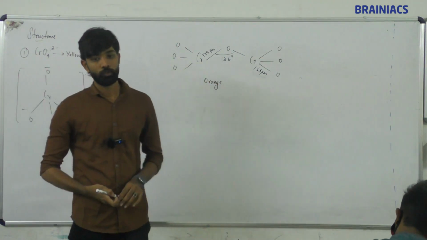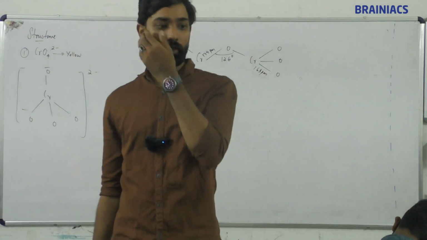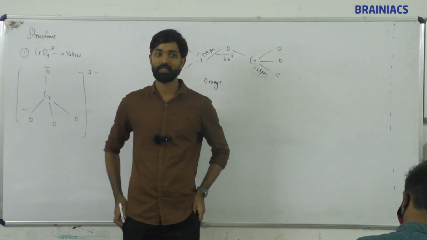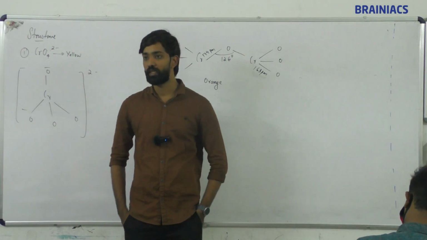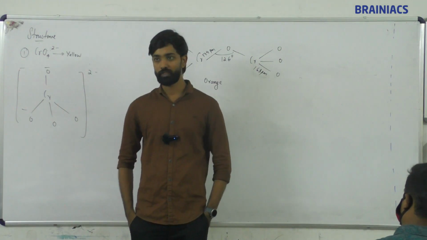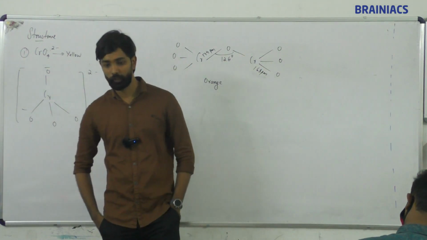So you know that dichromate is a good oxidizing agent and it is used as a primary standard oxidizing agent in volumetric analysis. The titration using dichromate is said to be dichrometry.